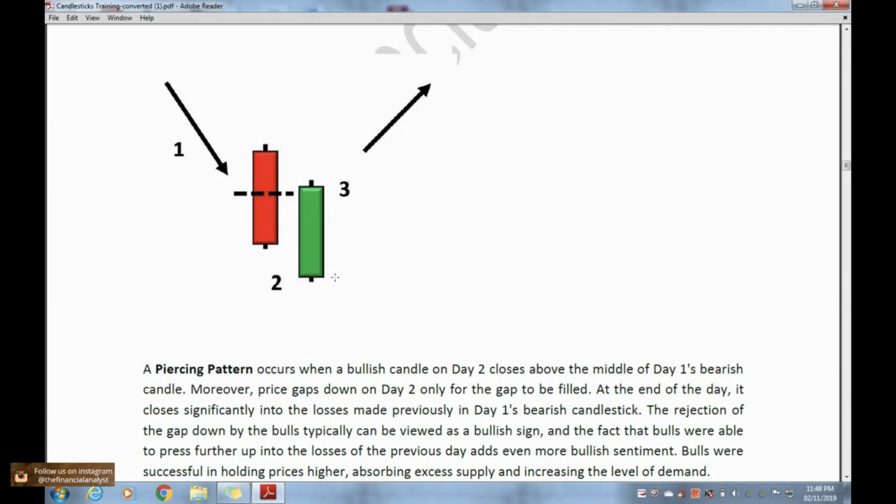But during the end of the day, we will see prices closing higher. And one of the basic characteristics is that they need to close at least halfway above the previous candle. So this shows us that the bulls are now back in control and they are able to push up the losses of the previous day.